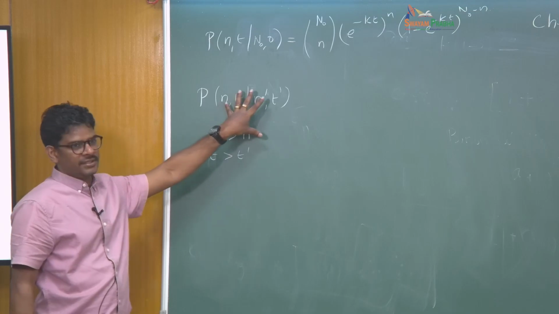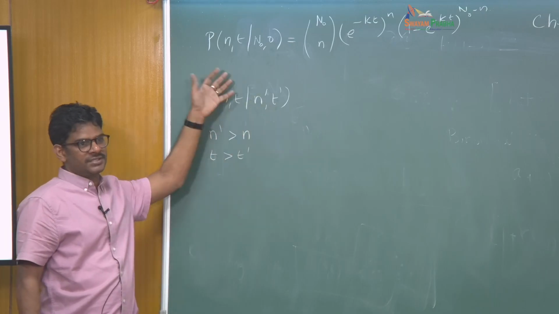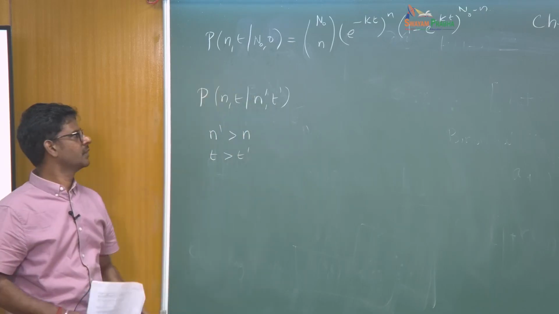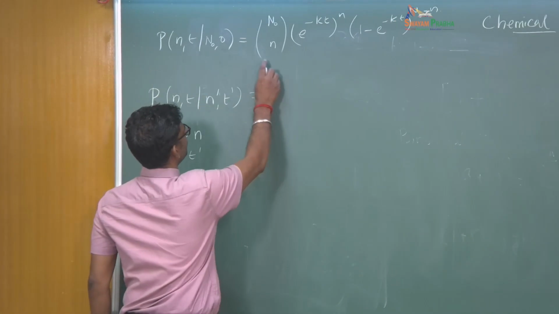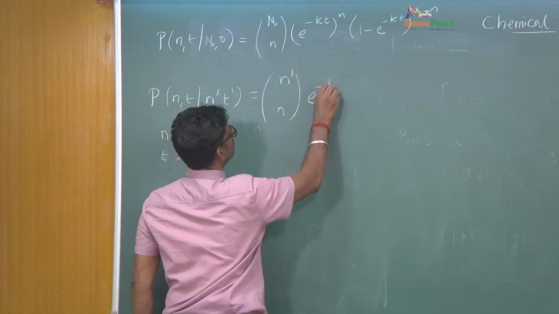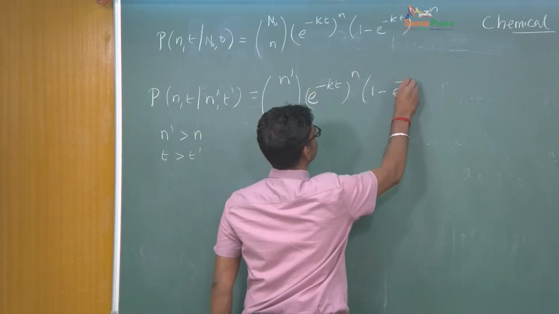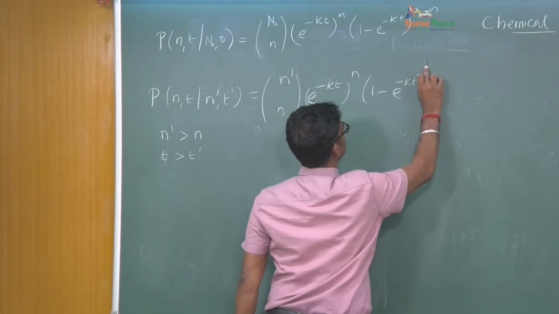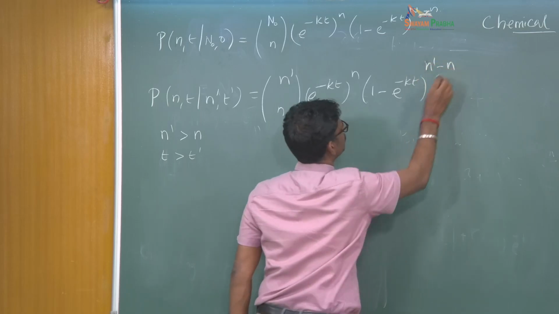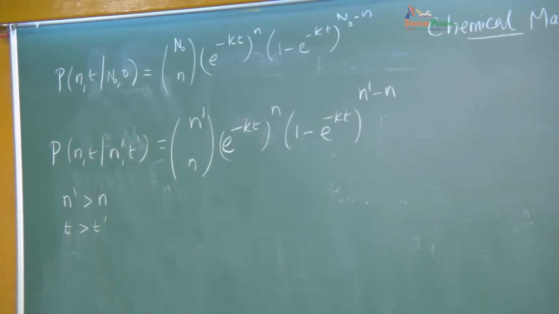Now we can write a transition probability for a given n at a given time, and ask the probability of n and t at a different time. From here we can replace n naught with n prime. So this would be the transition probability between the two times, t and t prime.